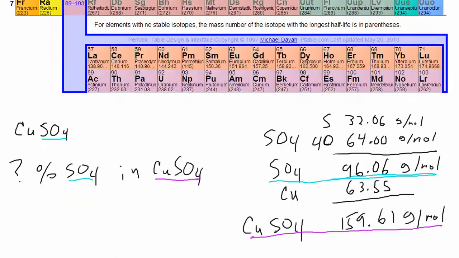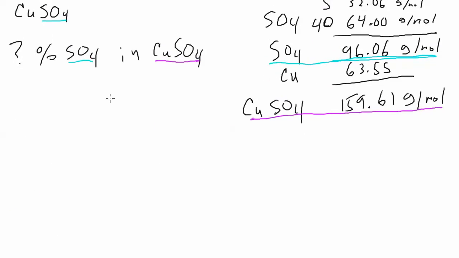So let's go back down here. The part, in this case, is sulfate, and it's 96.06 grams per mole. And the whole, in this case, is the whole mass of copper sulfate, which is 159.61 grams per mole. All right, so I'm going to divide those two and find out the ratio that I get.